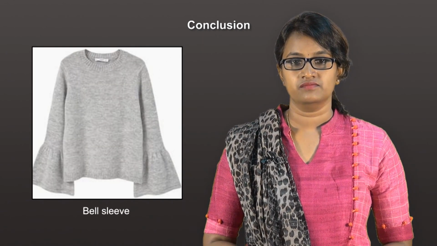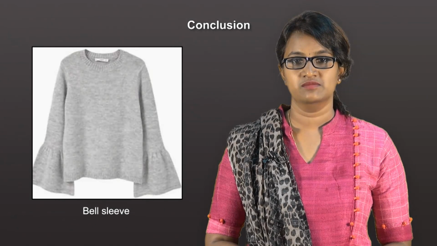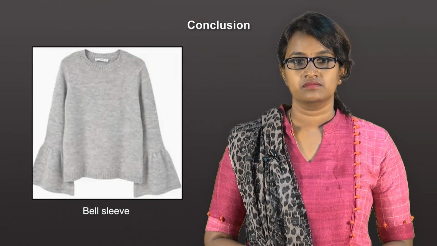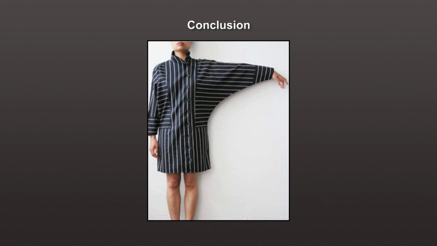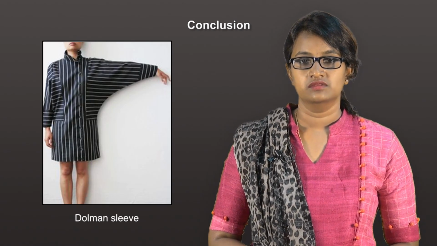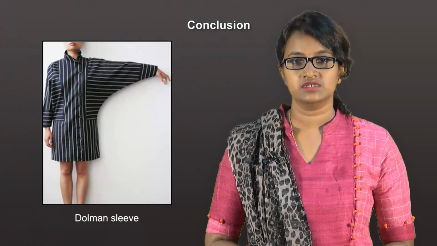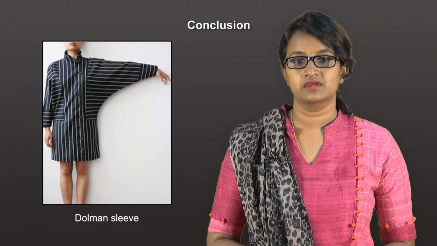Bell sleeve. A bell sleeve resembles the shape of a bell. Dolman sleeve. The dolman sleeve is usually constructed from a huge armhole and fitted at the cuff.